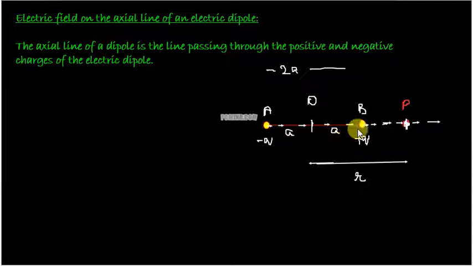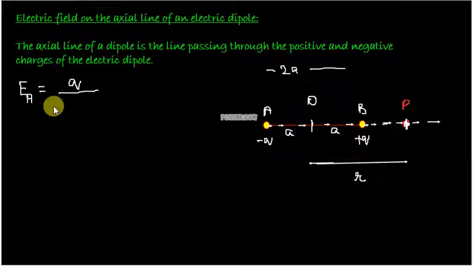Now we need to find the electric field strength at P. We will find it by considering the two charges separately. First we find the electric field at P due to the charge at A, that's EA. This electric field is equal to Q upon 4 pi epsilon naught r square. But what is my distance r here?